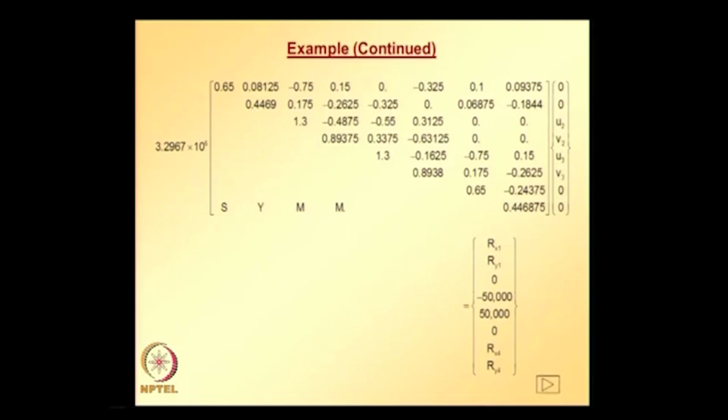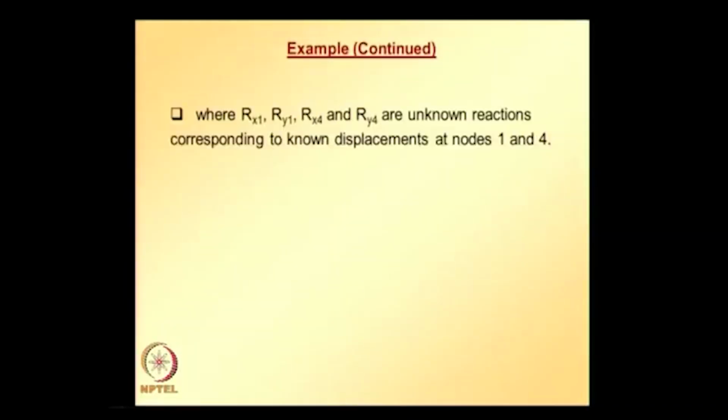So, in this equation r x1, r y1, r x4 and r y4 are unknown reactions corresponding to known displacements at nodes 1 and 4. Known displacements here are 0 displacements.